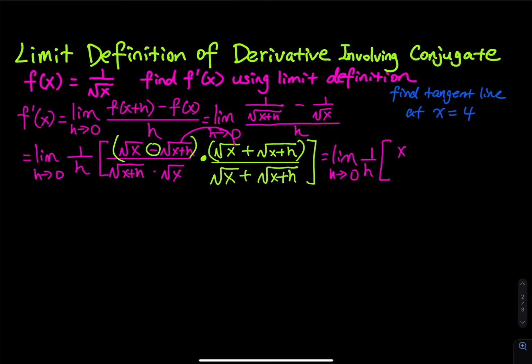So they got cancelled, just like a minus b times a plus b. The plus and minus got cancelled. And then the two square root terms, you have a minus, right? Minus x plus h. And then the denominator, just put them right next to each other.